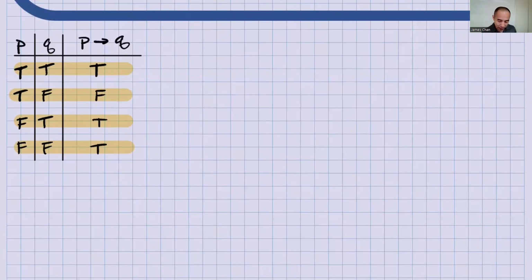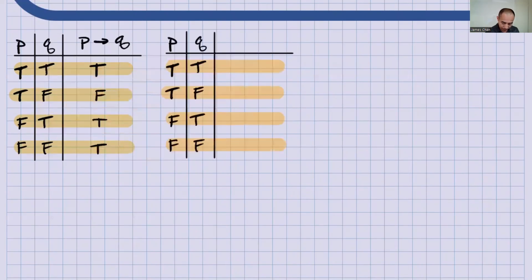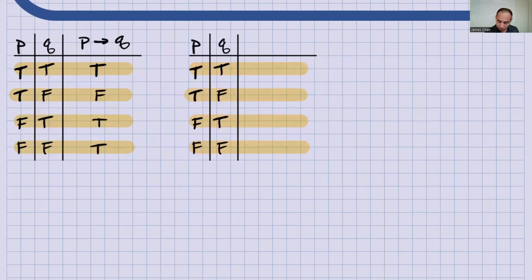Okay, well, let's do the same thing, but let's change. Let's do switch and negate. So I'm going to switch the Q and I'm switching the P, and I want to negate both of them, right?